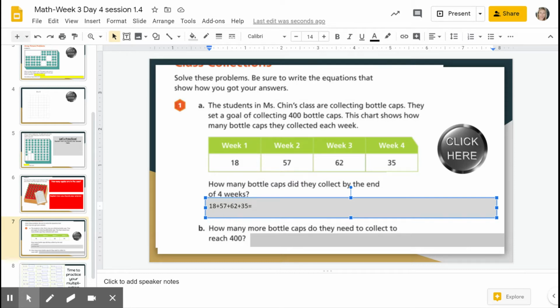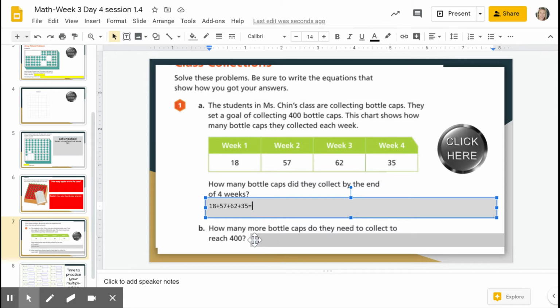You could type that out here as your equation and find the answer. And then add the ones place, 5 plus 2 plus 7 plus 8, and then add them all together. So whichever method you choose, just be sure to write out how you're adding them in an equation.